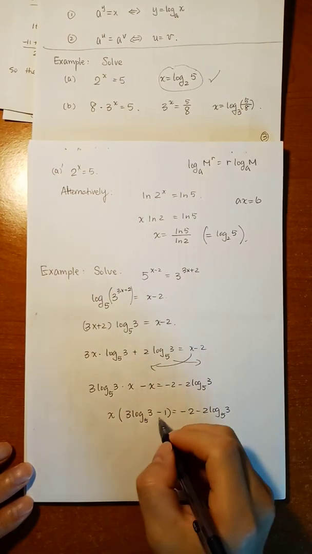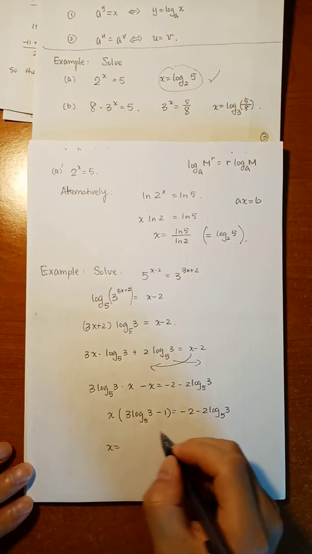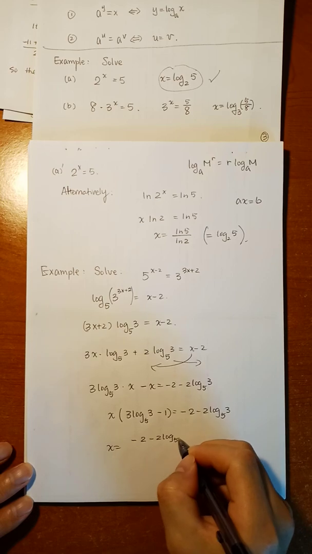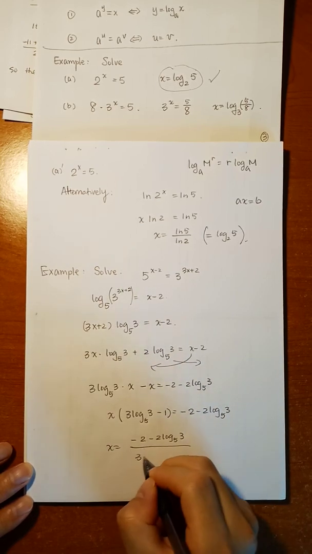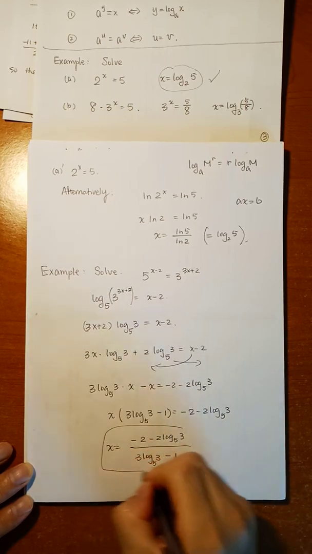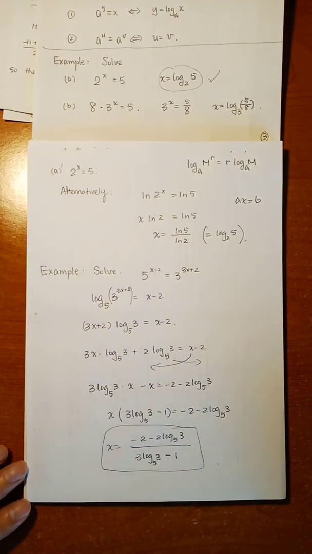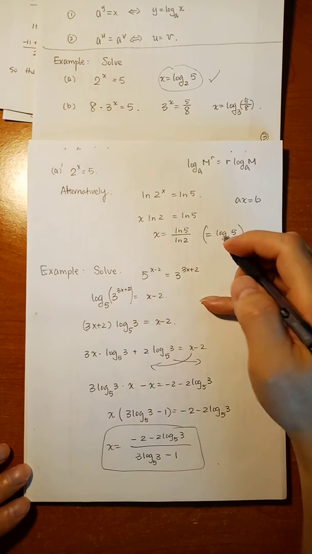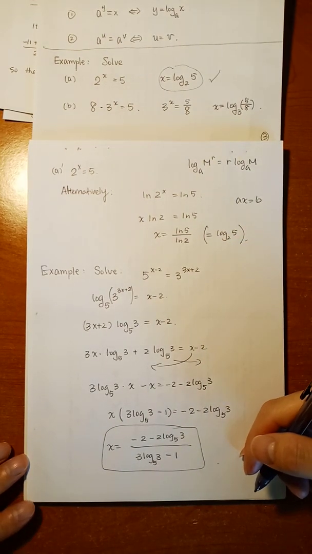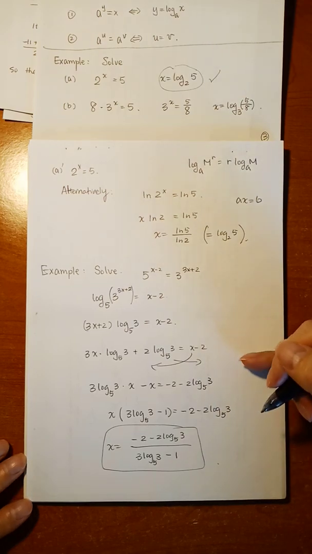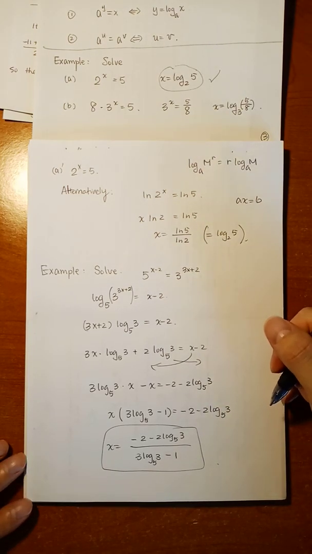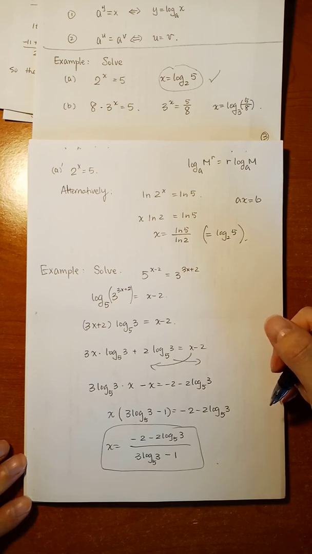And you divide the equation by the coefficient of x. This is the answer. So after the first step, that's just a simplification of a linear equation. You only have the linear equation. There's no trick stuff.